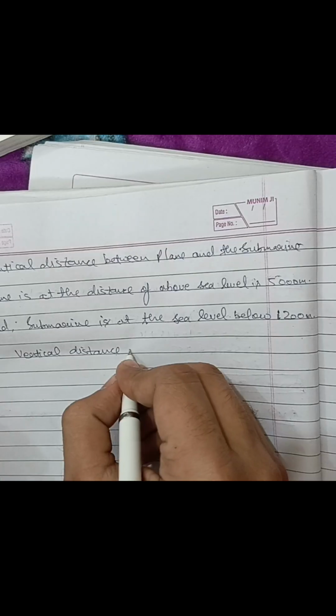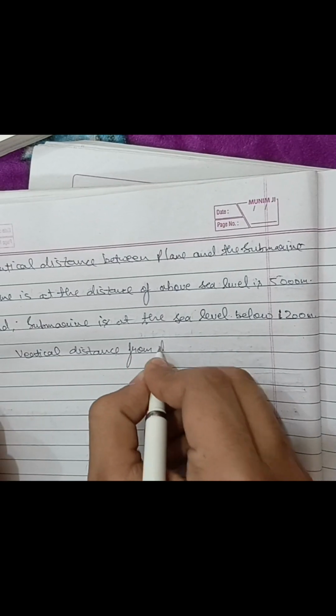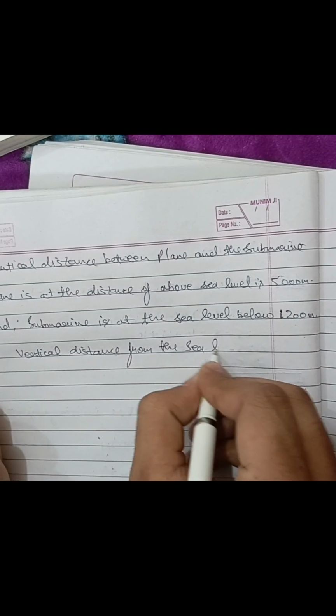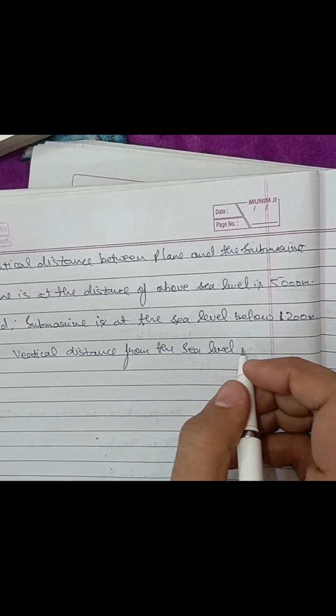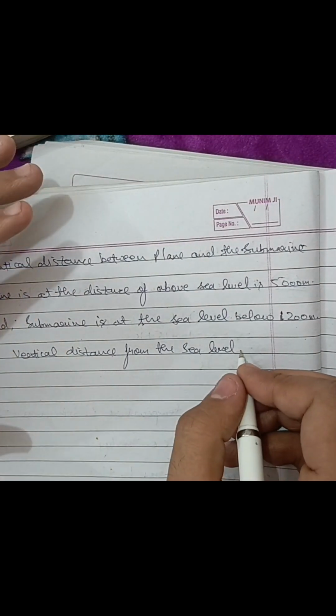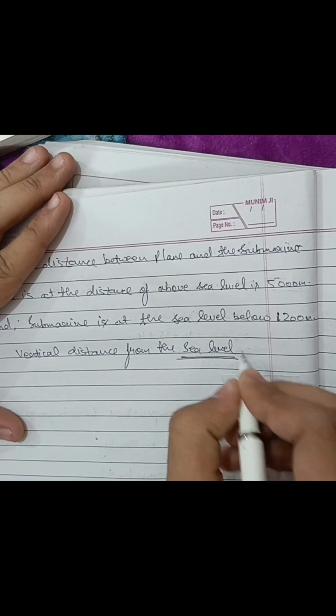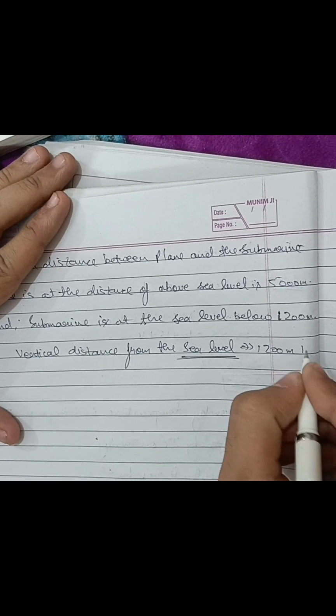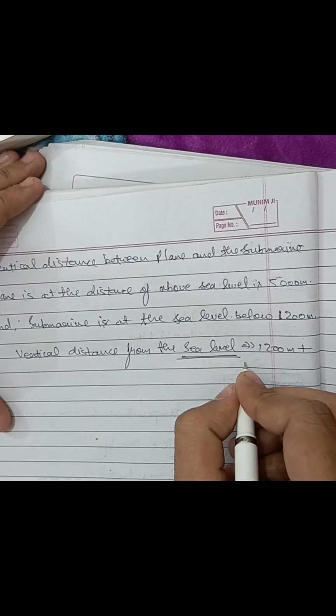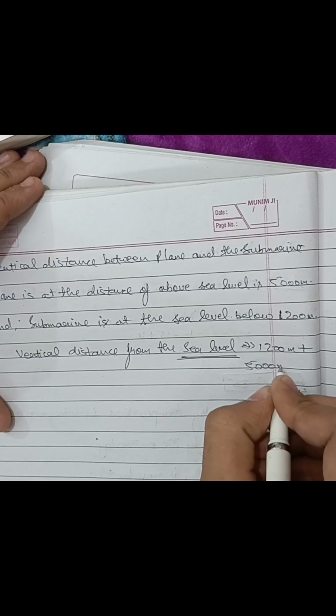It is asking the vertical distance from the sea level. If nothing is specified, then we will assume that it is asking from the sea level. So it is 1200 meters plus 5000 meters.